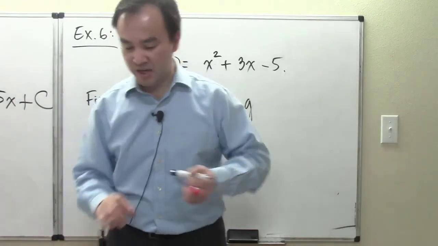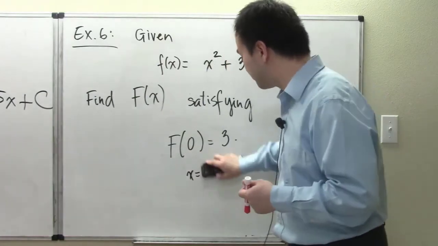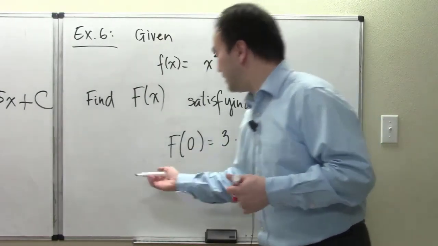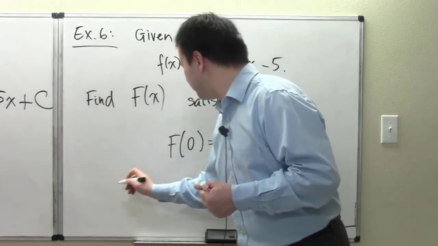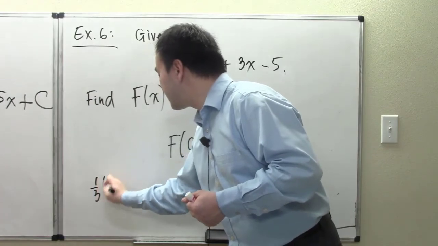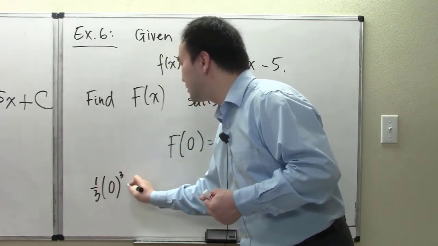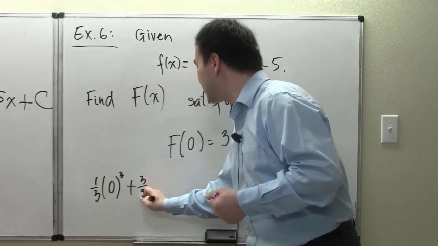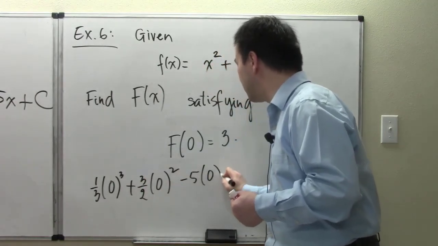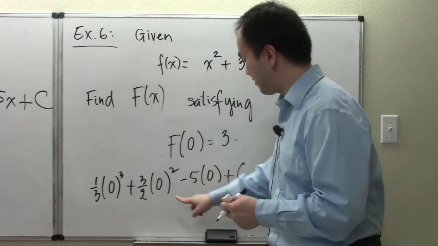And so now let me start getting straight into it. F of 0 on its own gives me 1/3 times 0 cubed plus 3/2 times 0 squared minus 5 times 0 plus c. You see how I got that right there?